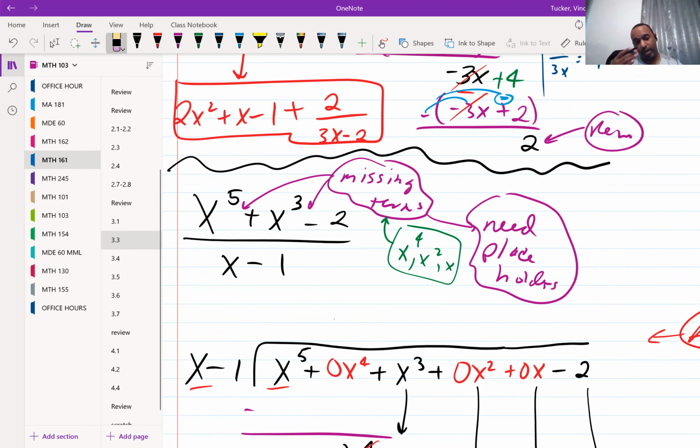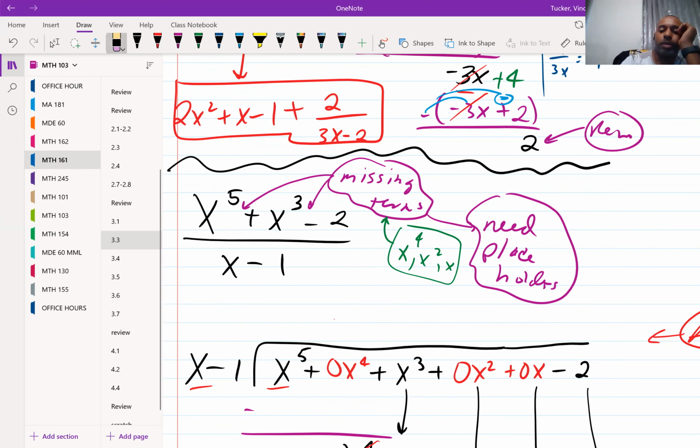We look at it as a progression. Notice that we're missing x to the 4th, x squared, and x. So we need placeholders for those variables. All that does is hold a place for us to go through our progression without having to worry about skipping terms. So it just helps us in our progression.